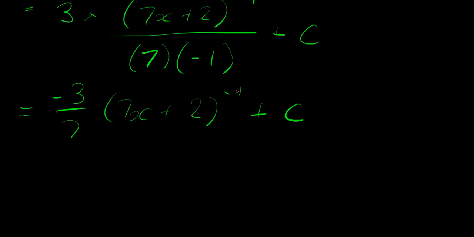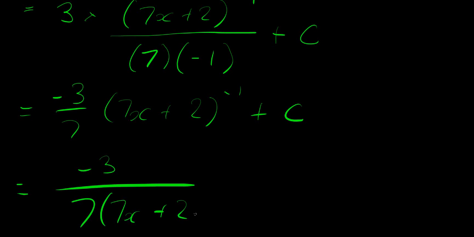If you have a negative index here and you don't really want to deal with that, you can take that to the bottom, but it's not really the objective of this video here. And you can have your antiderivative in this form instead. It really depends on the context of the problem and what kind of form you actually want.